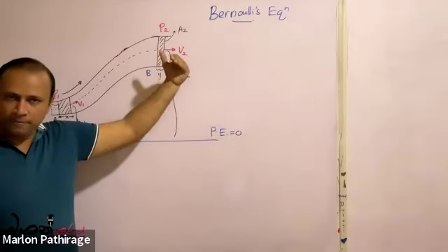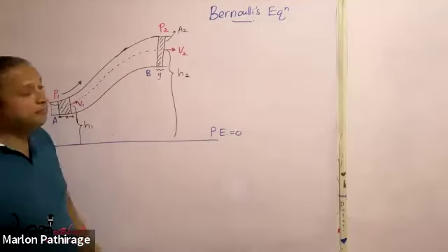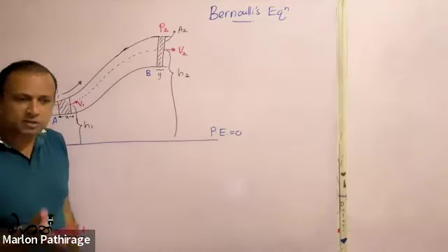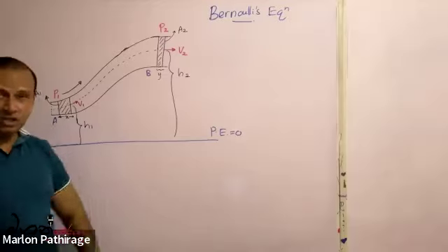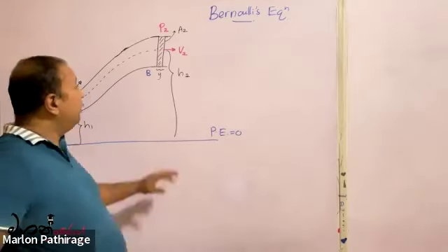That means due to the fluid flow, the kinetic energy of that particle can be varied as well as the potential energy. So there is work done on that particle.